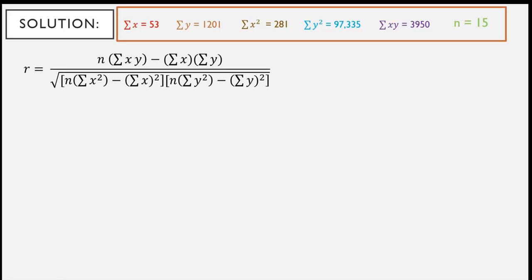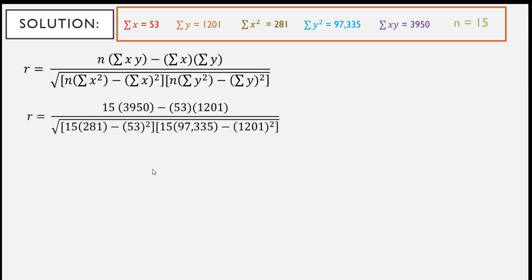Now we have here the formula for finding the Pearson r. We just need to substitute these values in the formula. So let's start with the first one. Our n is equal to 15, so you have there n is 15 times our sum of xy is 3,950 minus sum of x is 53, sum of y is 1,201.